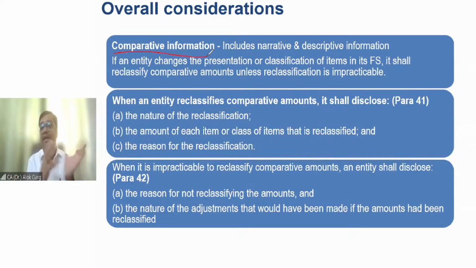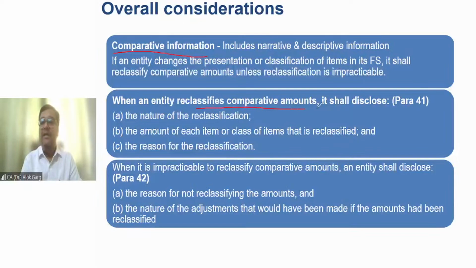Qualitative means where only narration is there, right? For example, you cannot assess the numbers, but you can say that the company has entered into an agreement with the holding company where the company will wind up after 5 years, right? So this is qualitative information, not quantitative information. You all are aware that in your notes to accounts, you have some narrative and some descriptive information also. Okay.